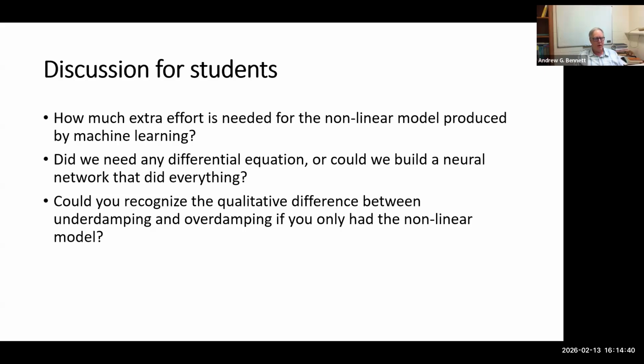But are you going to know how some different spring behaves? What if there's a qualitative difference? Can you recognize those sorts of phase changes? And so there is a point to having the machine learning, but also to having my course.